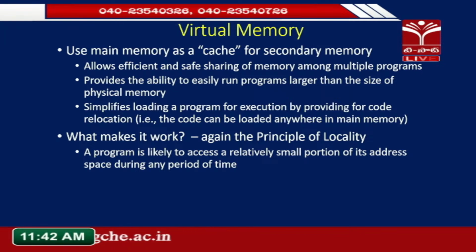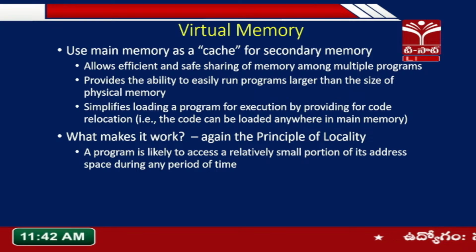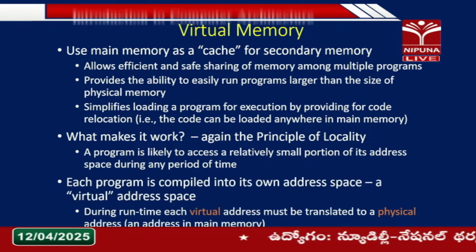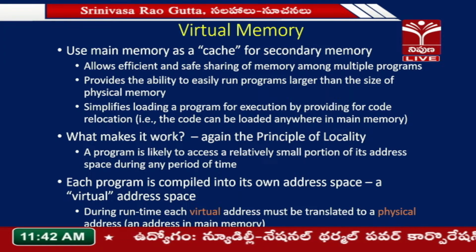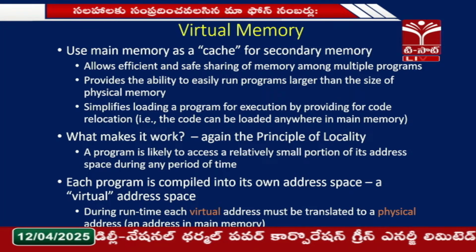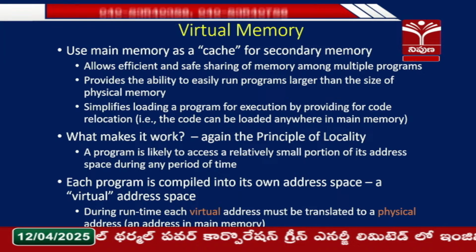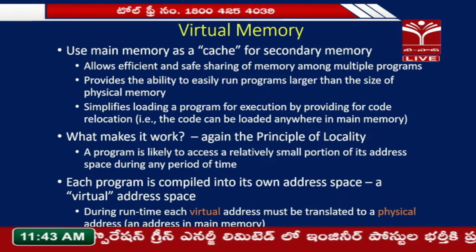So again, what makes it work is the principle of locality, because the temporal and spatial locality and the way the programs execute in the CPU make it a viable solution, right? Each program is compiled into its own address space. An example here: a lot of people who write C programs want to reserve some memory space for their data, or define a particular data structure.